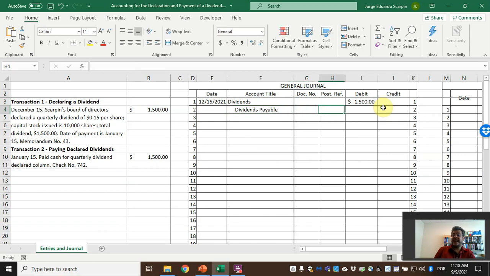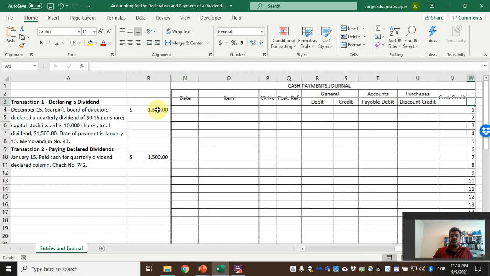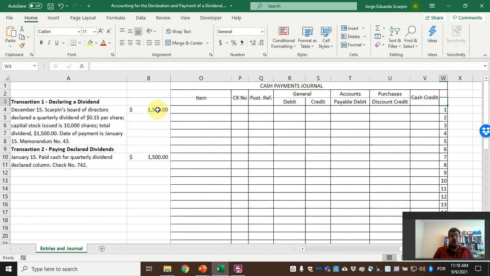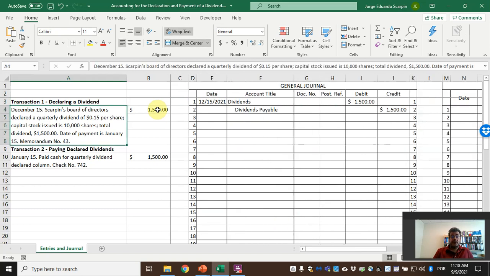It is a liability. So it is not an expense here. We have no expenses because dividends is after our net income. So it doesn't make sense to say that it is an expense. So we are only distributing our dividends. What do we do on the cash payments journal? Nothing. We are not paying anything. So nothing to be done here.